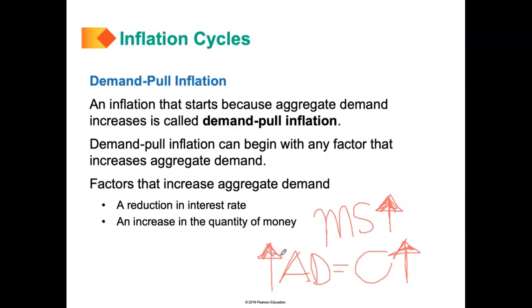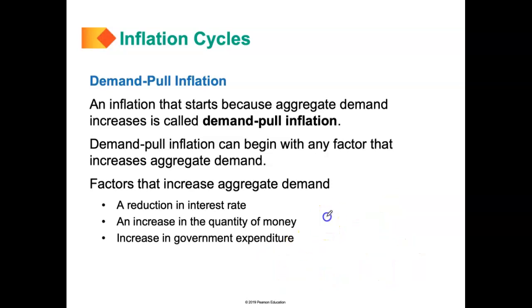Also, we have an increase in government expenditure. Again, aggregate demand is tied to G, which is government expenditure, plus C plus I plus NX. This equation is really important.